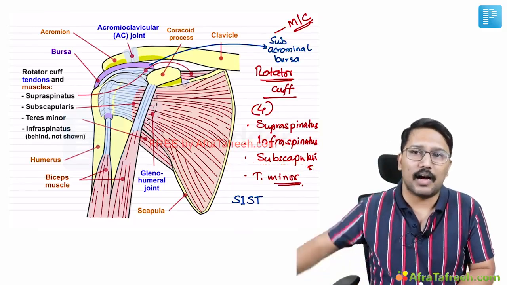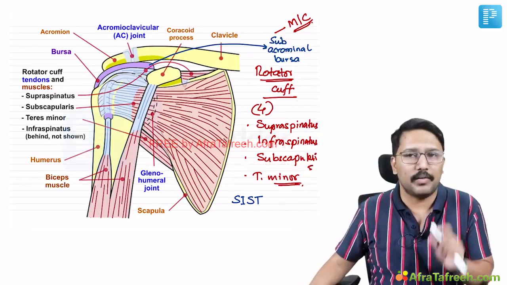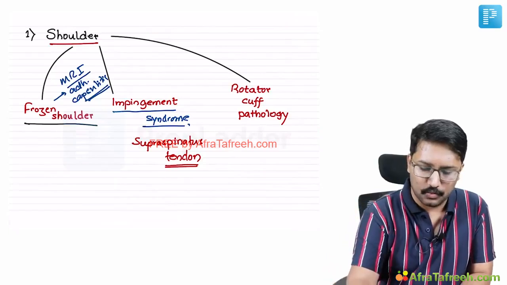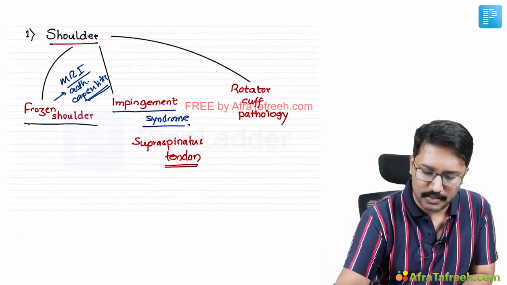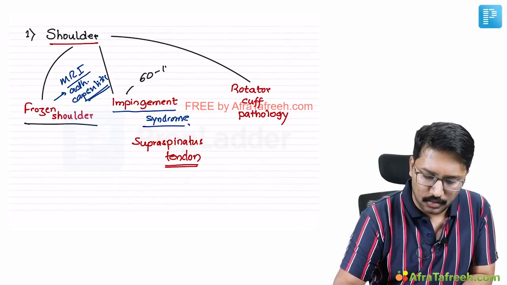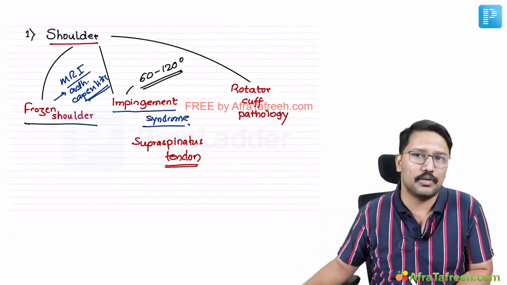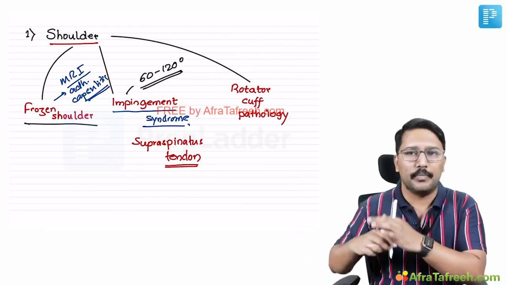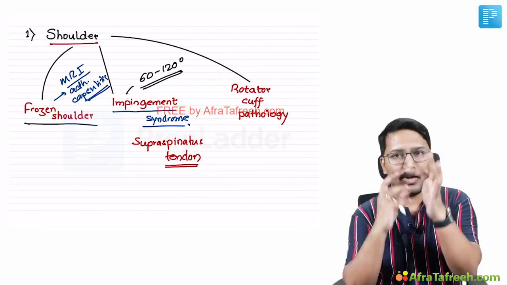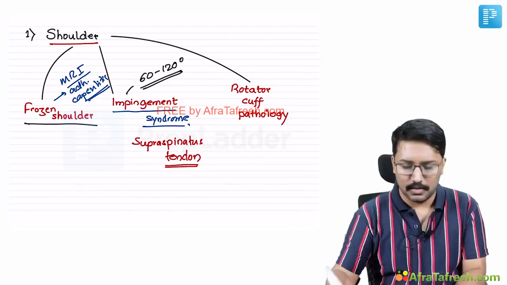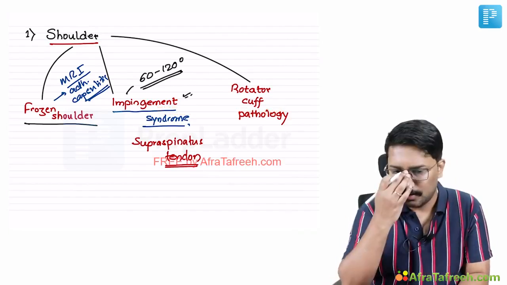The triggering movement is abduction, right? Typically, the pain occurs in the mid-range of the movement, 60 to 120 degrees. So when the movement is at 60 to 120 degrees, the patient experiences pain. And this is where there is a restriction to the movement, because at this point in time, between your acromion process and the head of the humerus, your supraspinatus tendon is getting impinged, right? So this is what we call impingement syndrome.